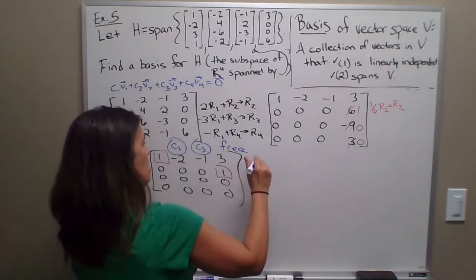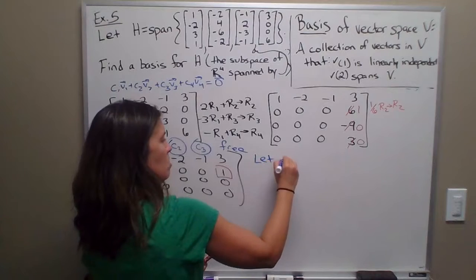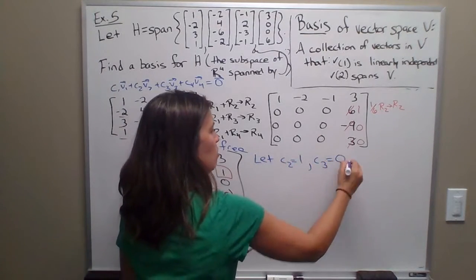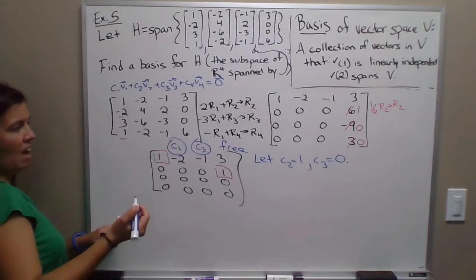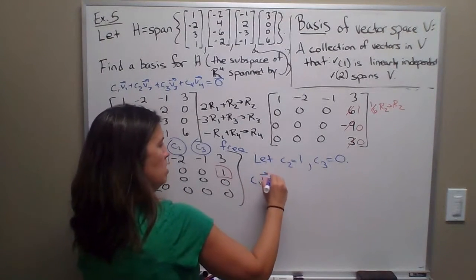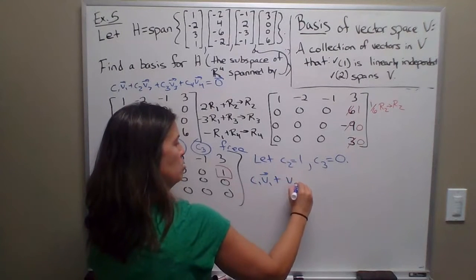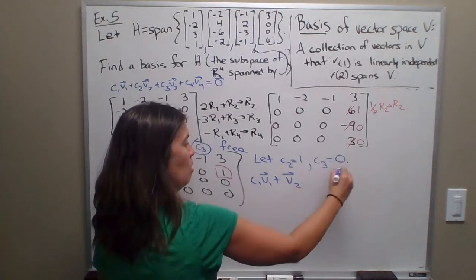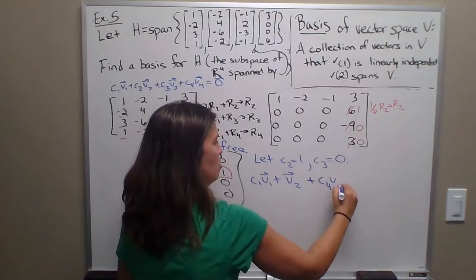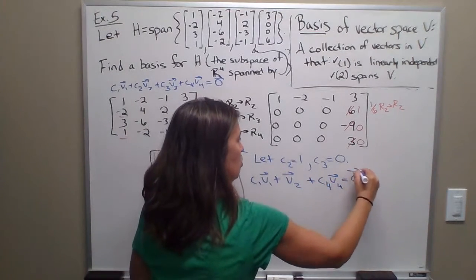So suppose I choose to let C2 equal 1 and C3 equal 0, and I want to write the solution set in that case. So I'd have C1 times vector 1 plus 1 times vector 2, plus 0 times vector 3, plus C4 times vector 4 equals 0.